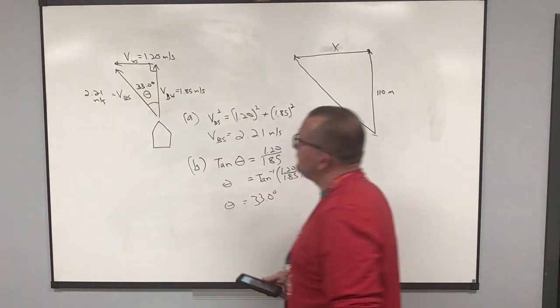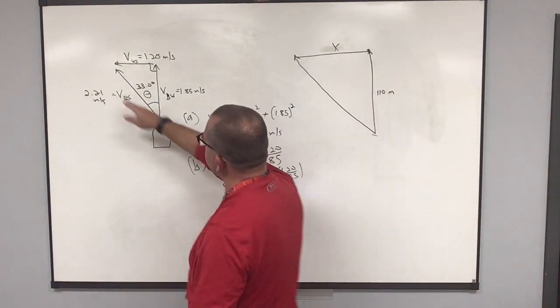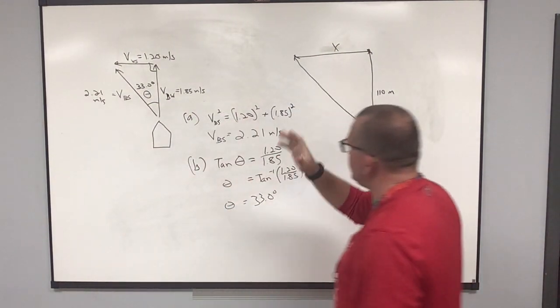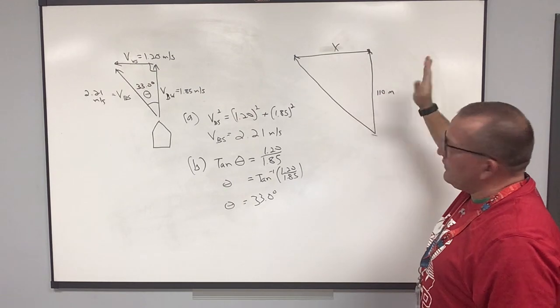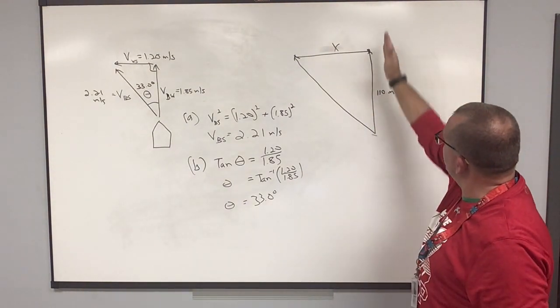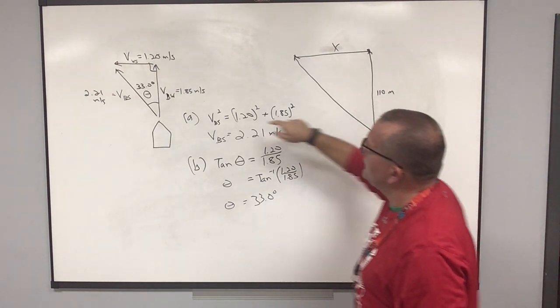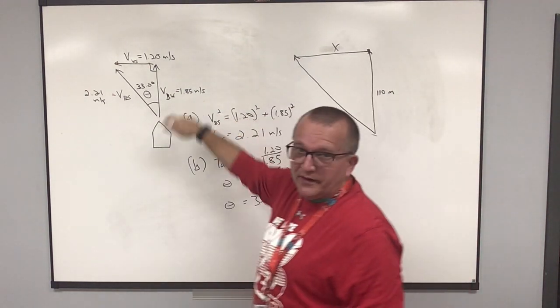All right. So now that I know this, and I know this vector and what's heading, I can then use information for this. Now, remember when we did projectile motion, we separated x and y. We do the same thing here. So in our y, our distance is 110 meters, and our constant velocity is 1.85.